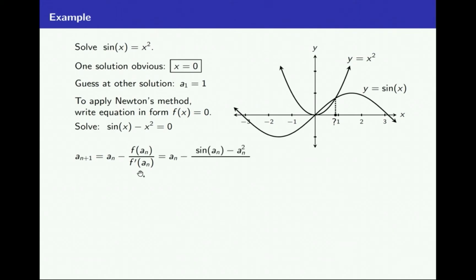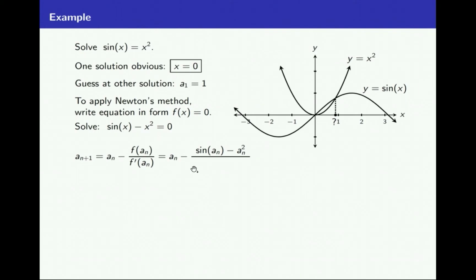And let's work out what this would be. Bring over the a sub n. f of a sub n would be this equation with a sub n plugged into it. That's sine of a sub n minus a sub n squared. And we divide by f prime of a sub n. And look at f prime. It's cosine of x minus 2x.